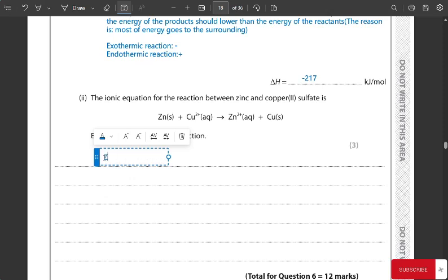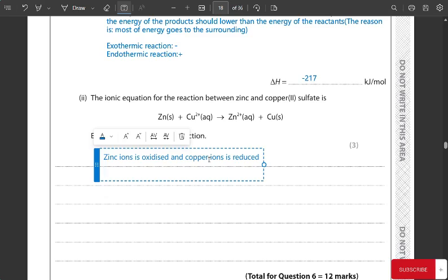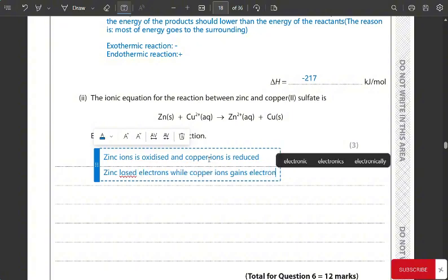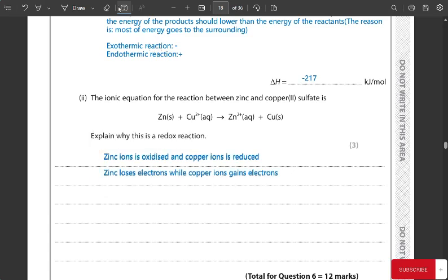The first reason is that zinc is oxidized and copper ions are reduced. If zinc is oxidized, it means that zinc loses electrons while copper ions gain electrons. Here the zinc gives electrons and makes a positive ion with a +2 charge, while the copper gains electrons and makes an atom of copper.